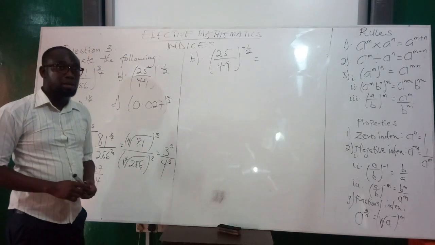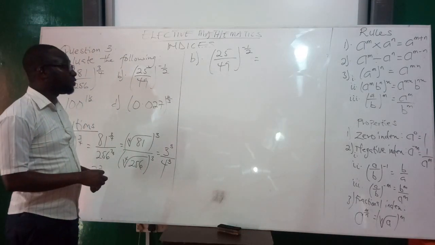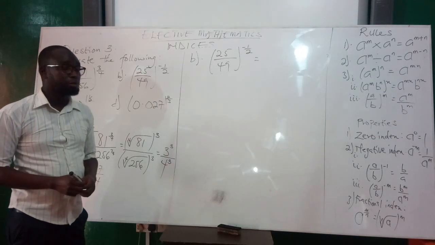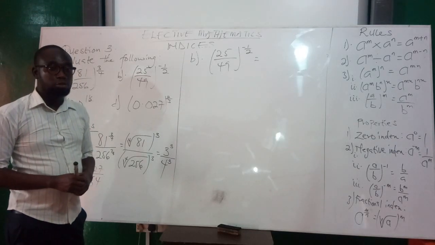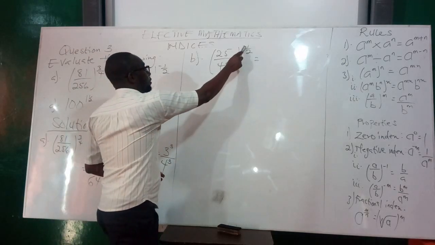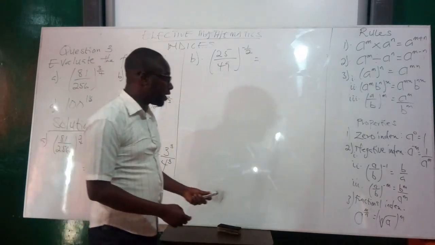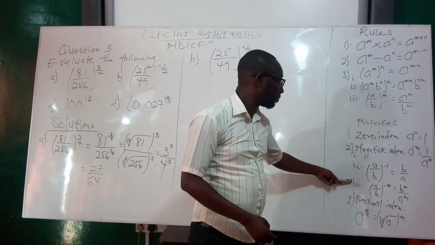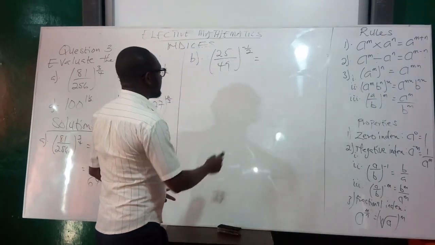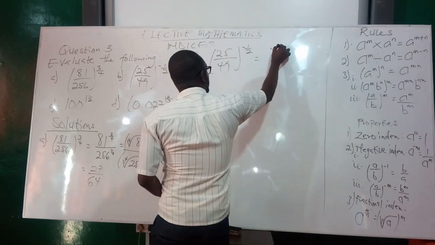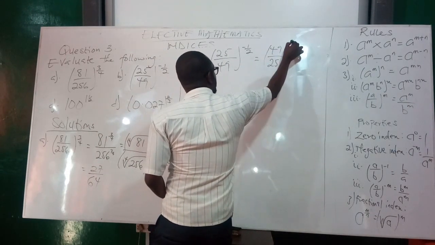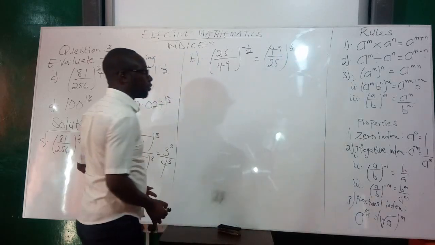Now question B, we have 25 over 49 exponent negative 1 on 2. So the first thing we need to do is to take the negative out. So we are using this property. Now you can write this as 49 over 25 exponent 1 over 2.